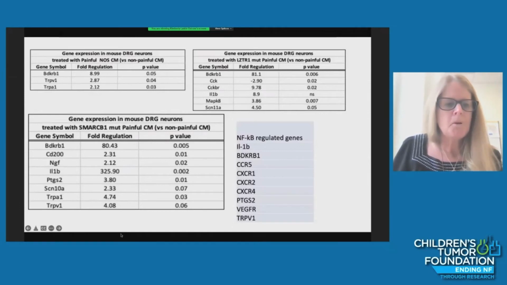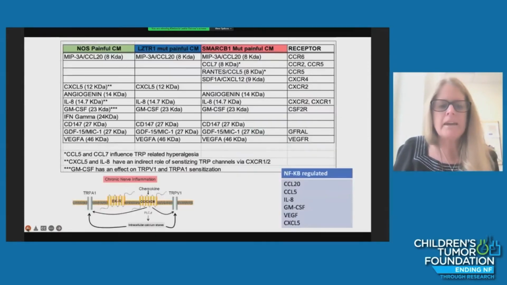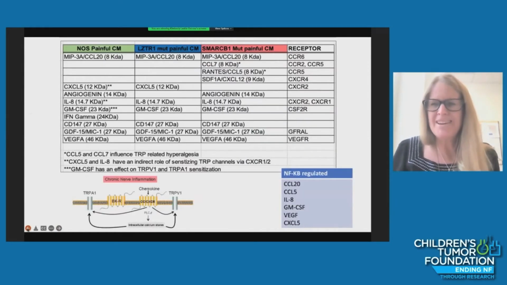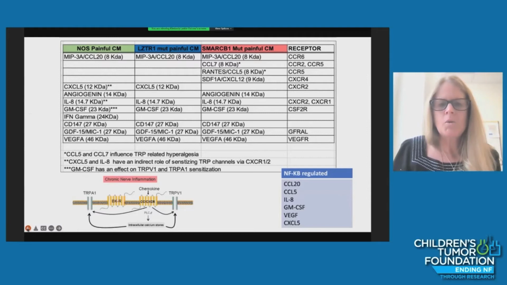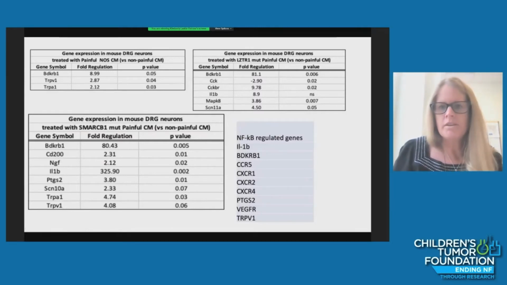But going back to the earlier session today, where Sylvia was talking about NF-kappa B, this really inspired me, because NF-kappa B not only regulates the genes in the schwannoma that are being secreted, but also the receptors that we have been finding in the downstream targets in the sensory neurons.